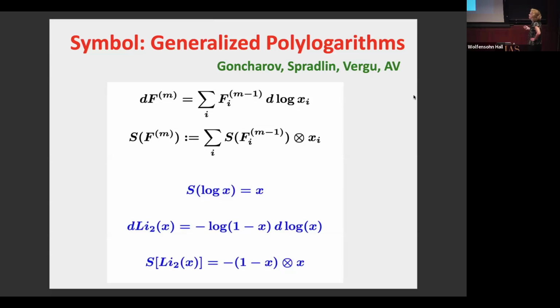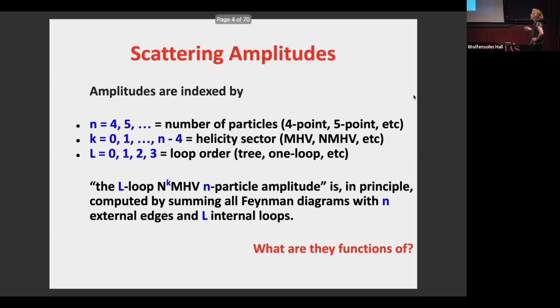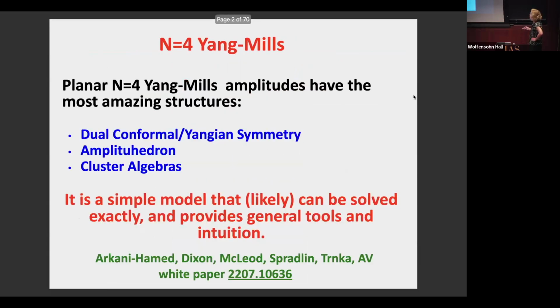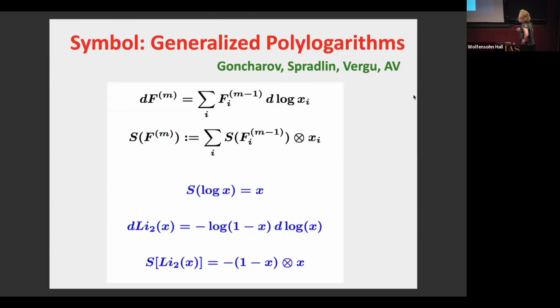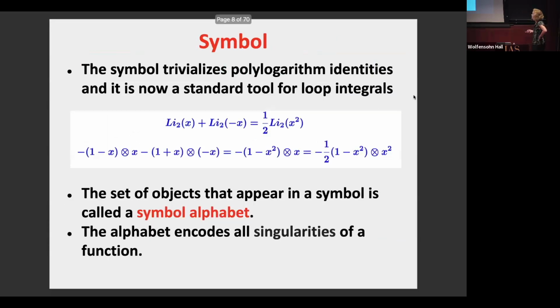So that's basically the definition for generalized polylogs: d of the function is f_{m-1} d log, and the symbol of this is the symbol of f_{m-1} tensor x. So that's the word symbol in the title.